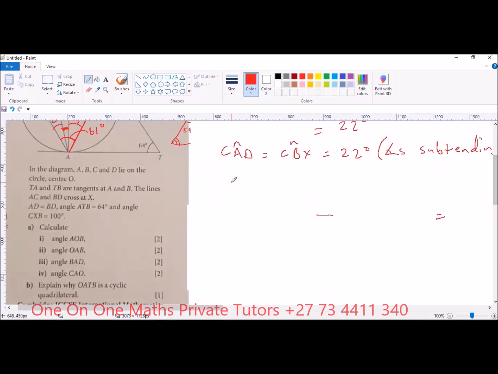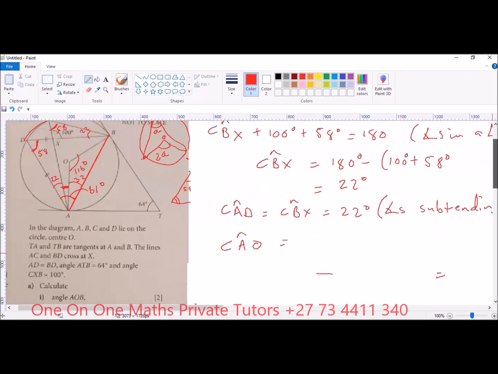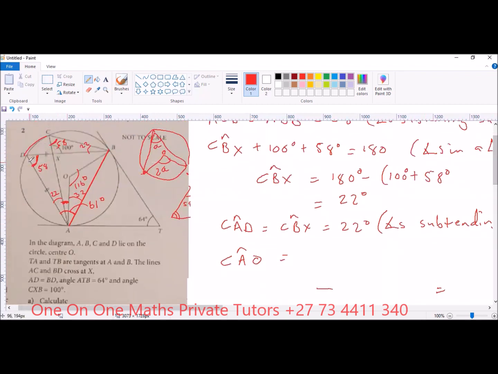CAO is equal to our big angle, BAD, minus OAB plus CAD.